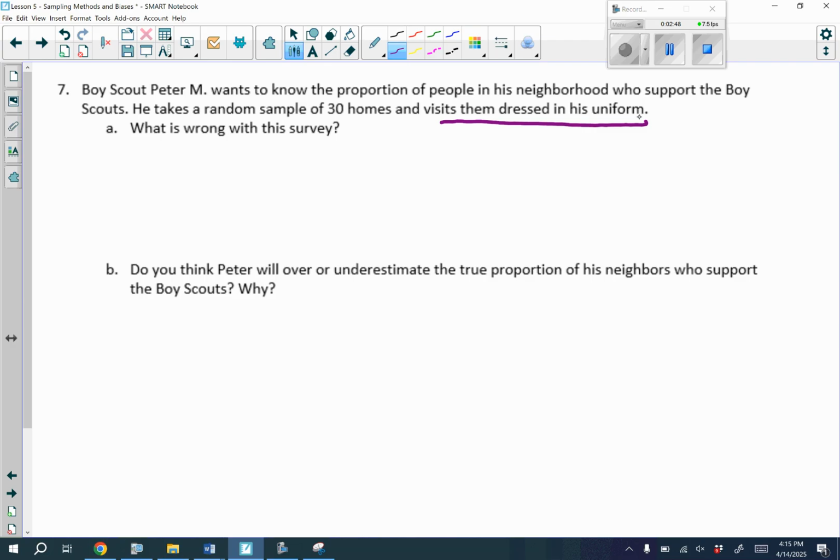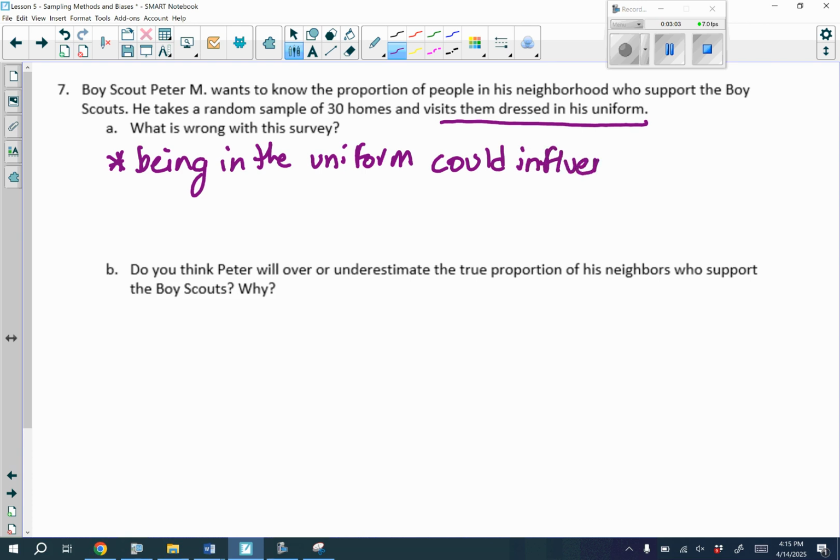So being in the uniform could influence people's decisions or answering the question. So that could be something.